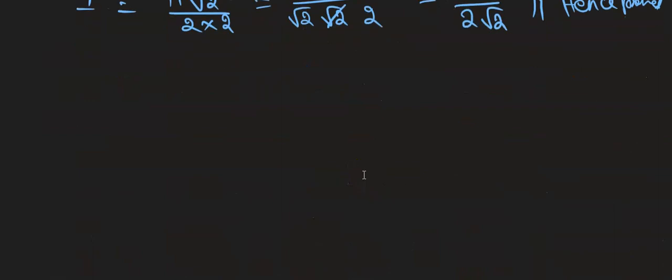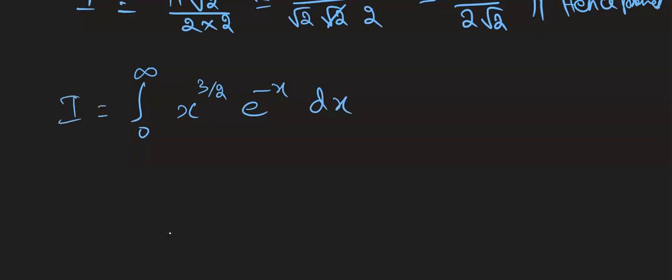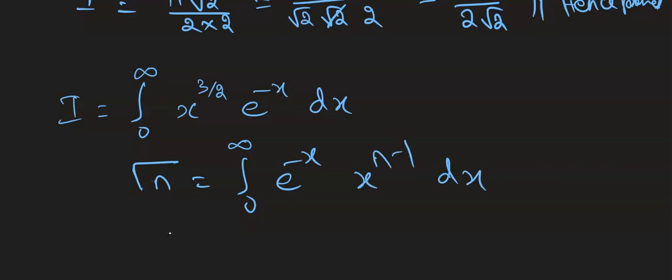For example, if my question is integral 0 to infinity, x power 3 by 2, e power minus x dx. Now for this, which formula will I use? The first formula. Remember I wrote gamma of n is integral 0 to infinity e power minus x, x power n minus 1 dx. Because what power do we have? E power minus x.